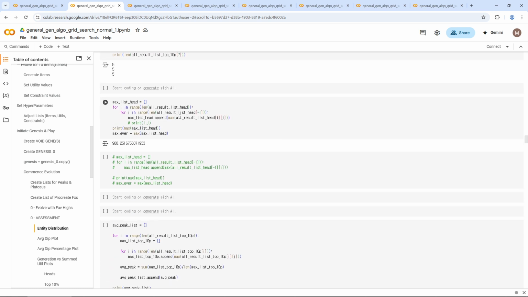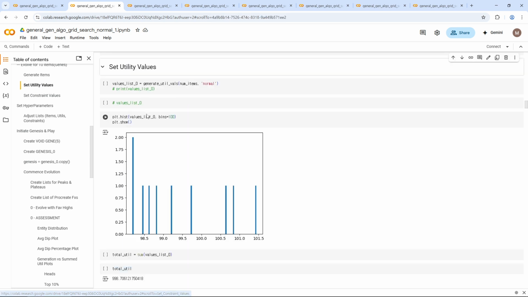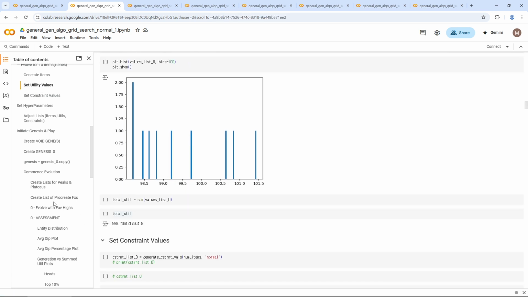So the maximum value ever was 900, and the total sum of utility values was 998.